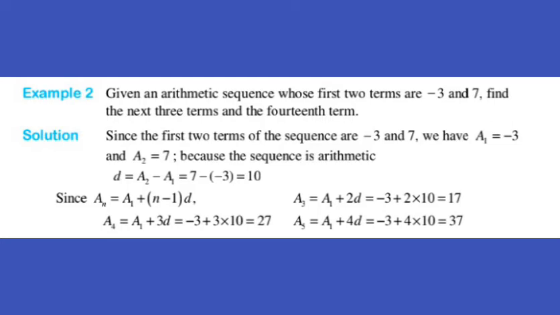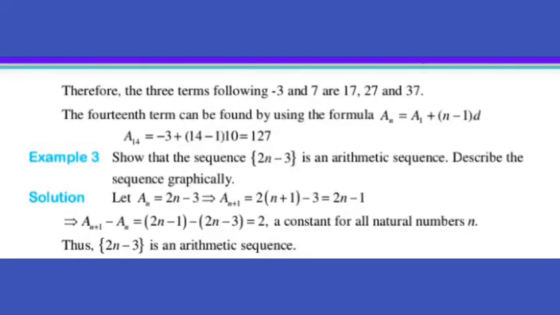Therefore, d is the difference of the first two consecutive terms, that means 7 minus minus 3 equals 10, so d equals 10. Therefore, an equals a1 plus (n minus 1) d, where d is 10. The next three terms, a3 equals a2 plus d, a4 equals a3 plus d, and so on, are 17, 27, and 37.